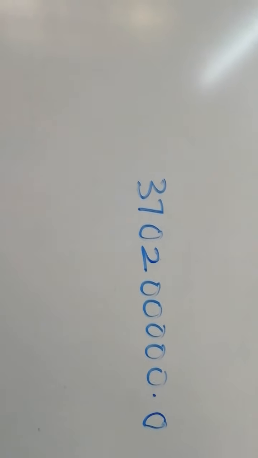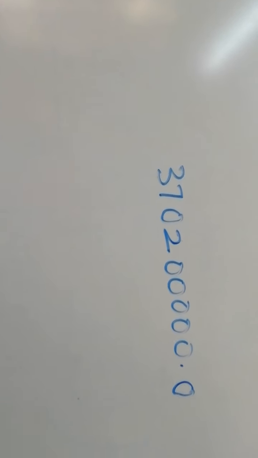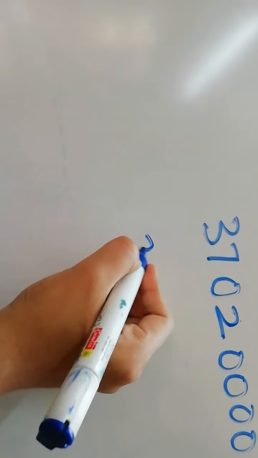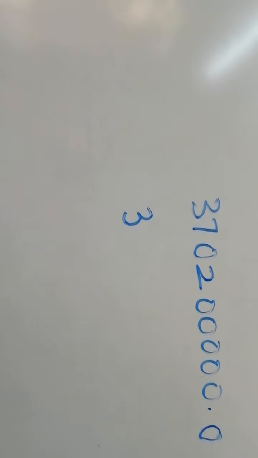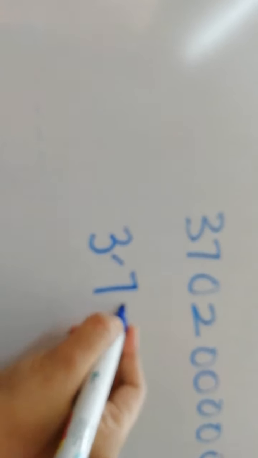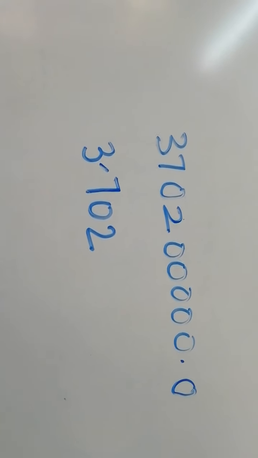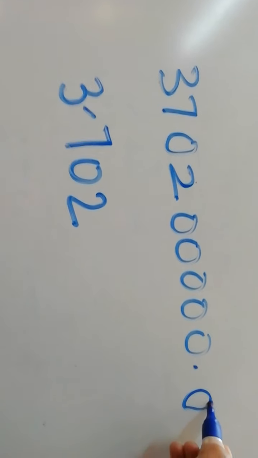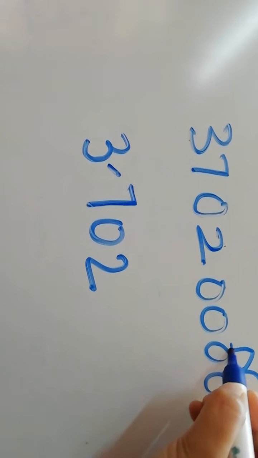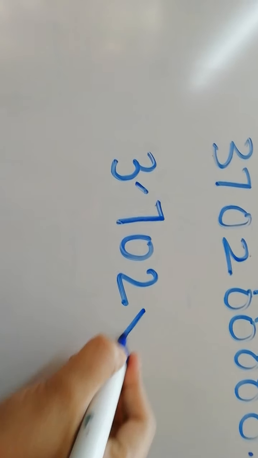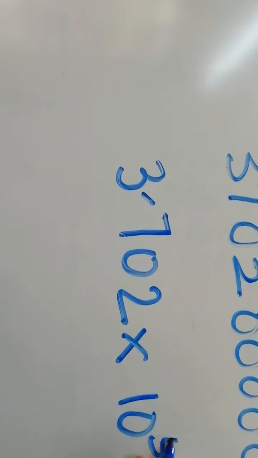Just keep that concept in your head that first number should be only single digit number, then followed by a decimal, and then 702, and then whatever zeros are there, you will be converting into index form. So we are going from right to left, 1, 2, 3, 4, 5. So there are 5 zeros. So into 10 power 5.